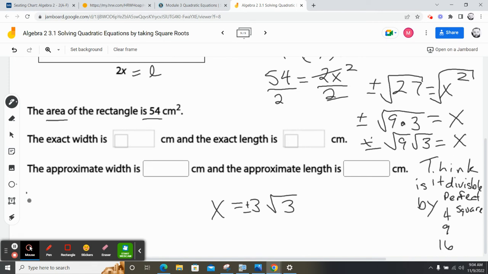So the width, we said, was just x. And we're going to use what we call the principal root, so it's 3 root 3.